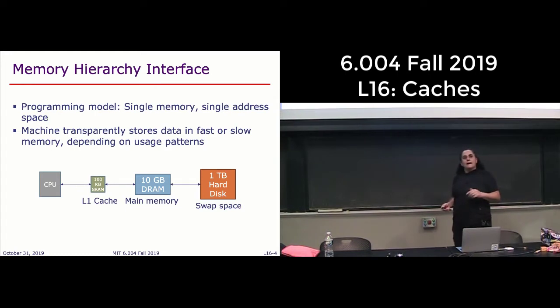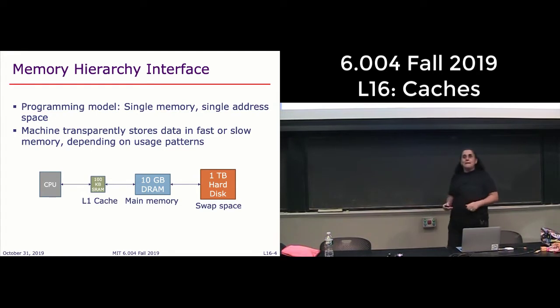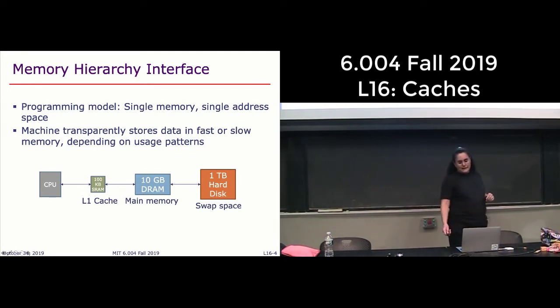But because it's in SRAM, we can't have it be too large. And so then behind the cache is going to sit our main memory, which is going to be made of DRAM, or dynamic random access memory technology. And then behind that, we have some backup storage, which can be something like a hard disk, for example.